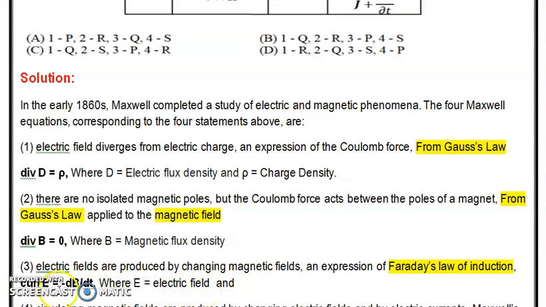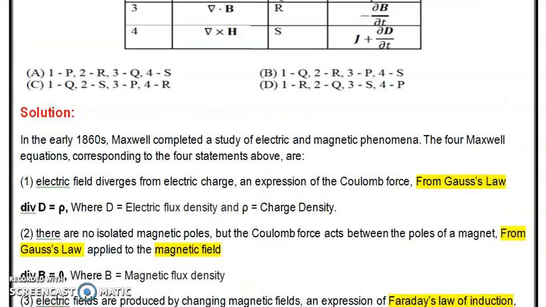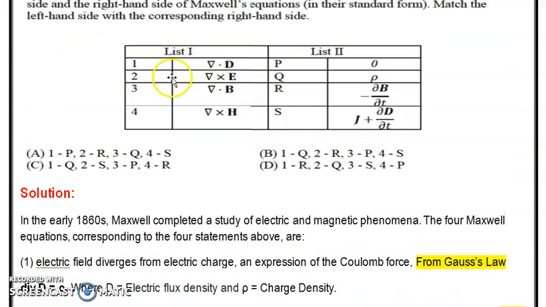So curl E is equal to minus dB by dt means second is R. Second is R means in C, second is S, so C is incorrect. And what about B? 2 is R, so B is correct.